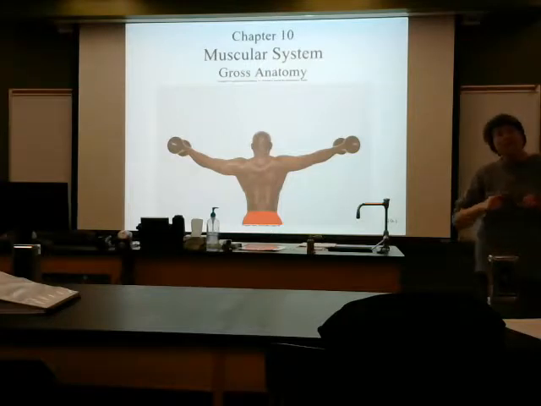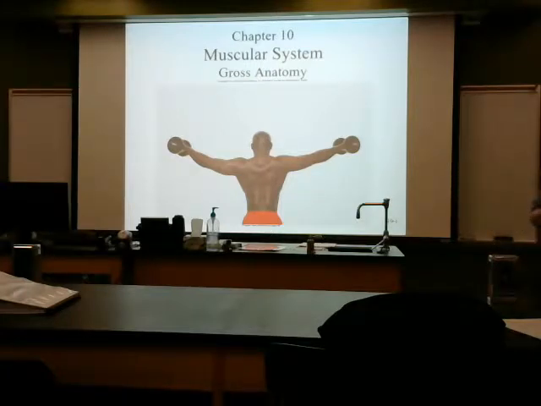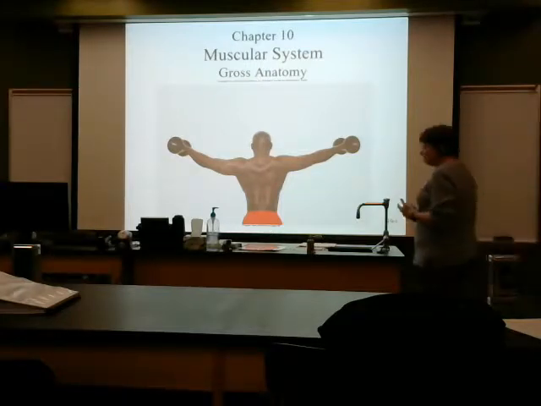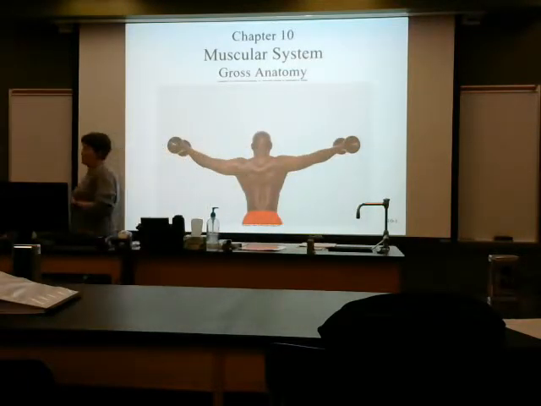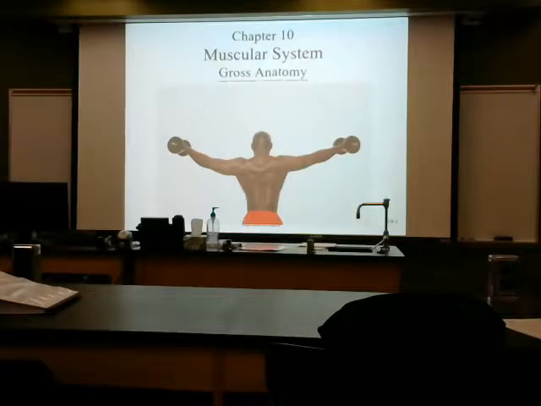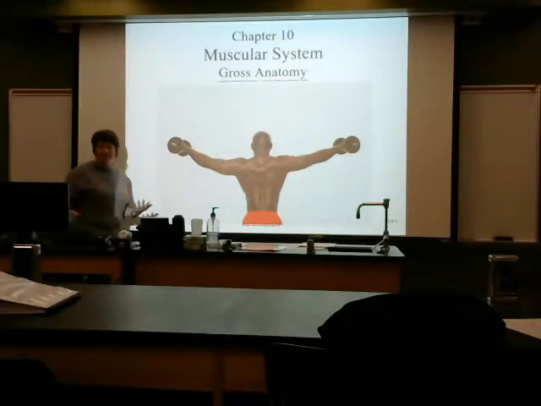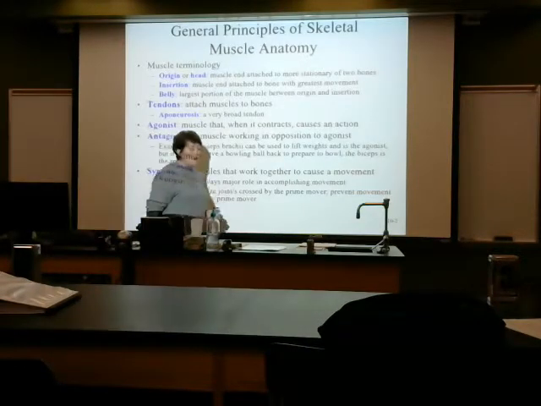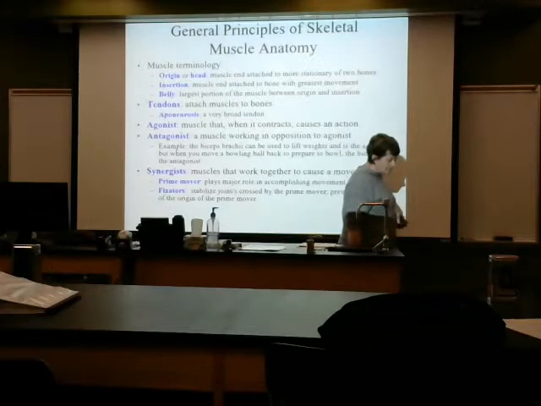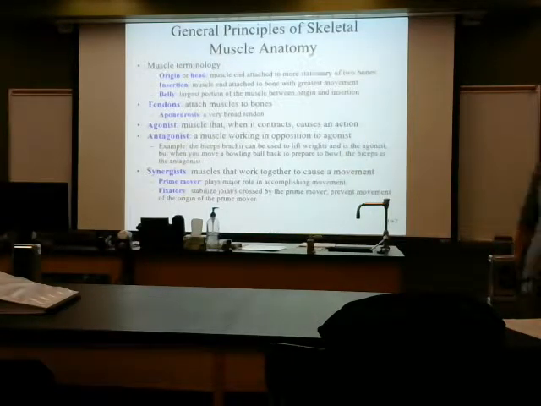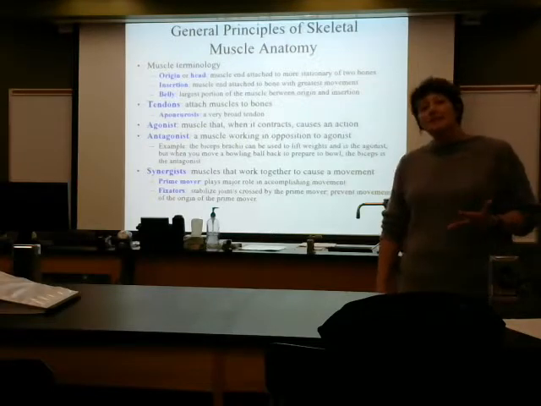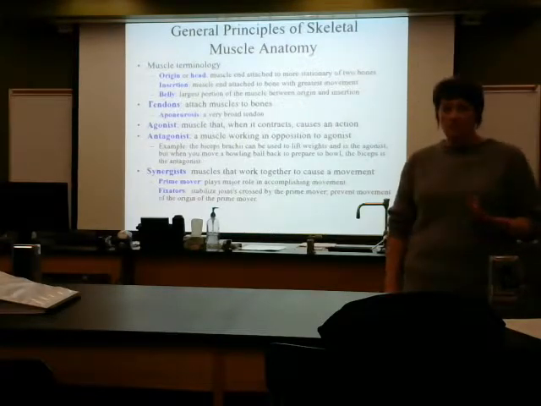We need our muscle for stability. We need it for the control of body openings. We need it for the generation of that 98.6 body temperature. We're going to see that it's also going to help with glycemic control.